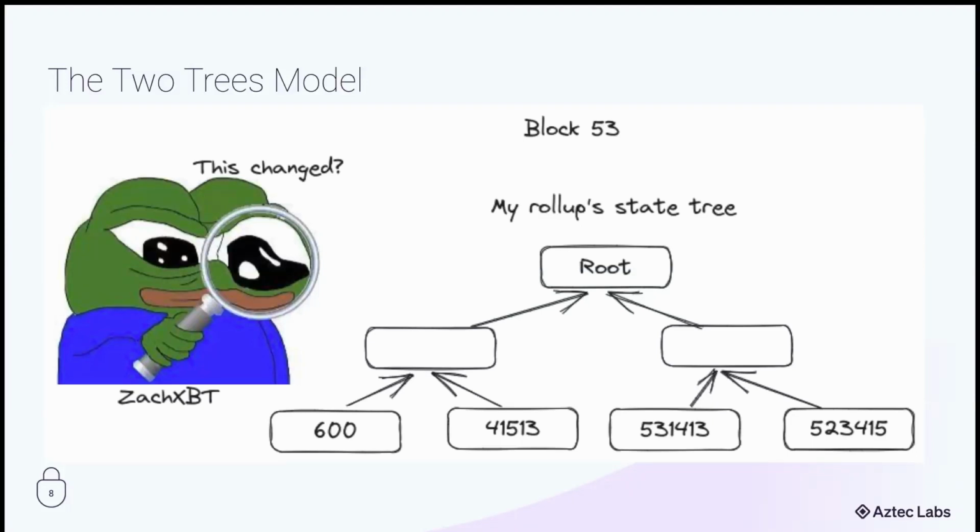Even if all of these values are encrypted, if it's happening on the same storage slot, you can just see that, hey, something changed. And if we're dealing with something like a transfer, there will be changes in two places, the guy that is sending funds and the guy that is receiving funds. So we can start making profiles if we have just one roll-up state tree.